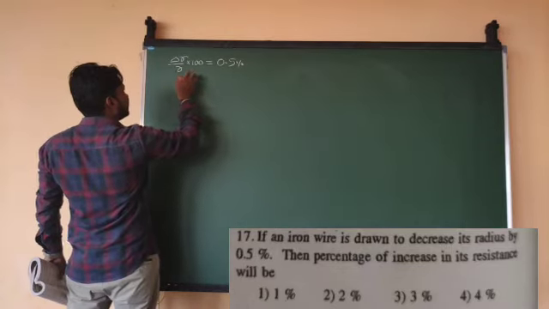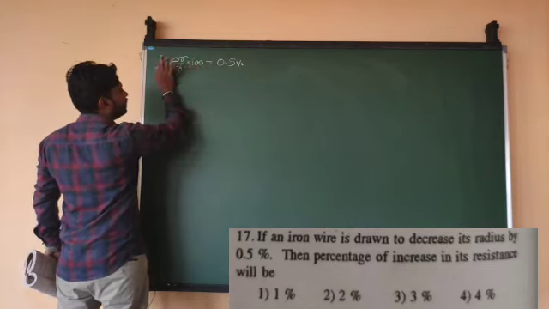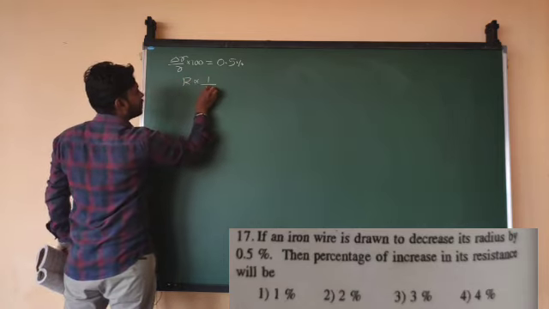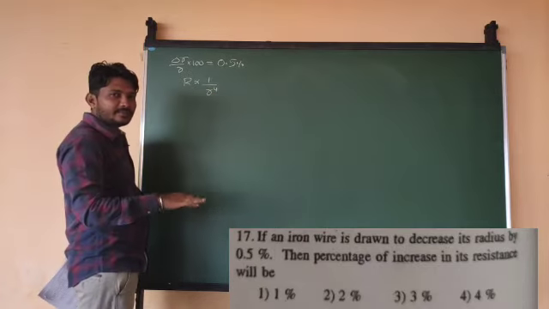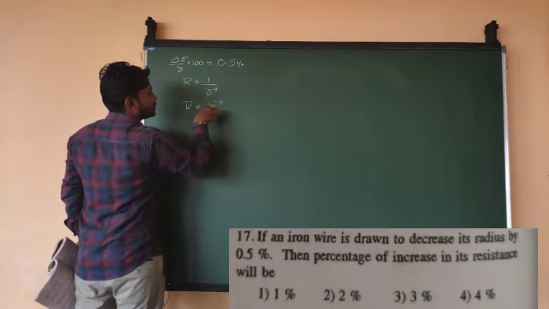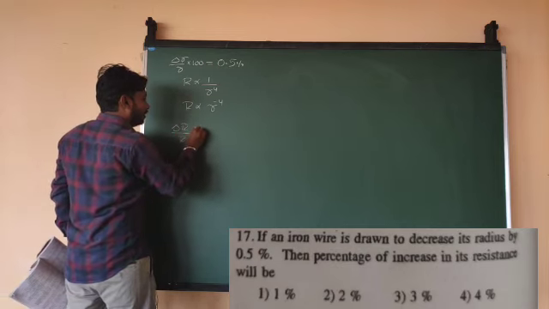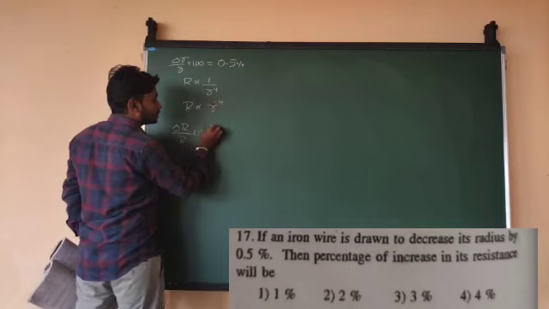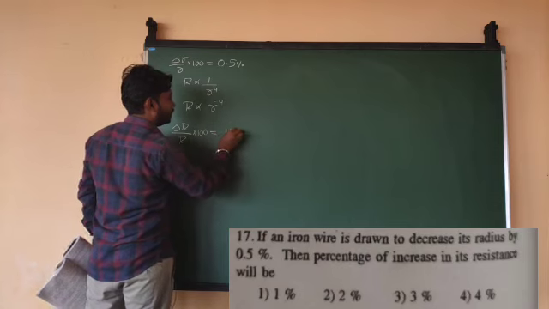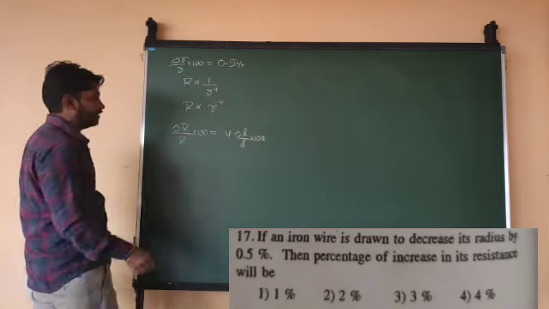So look at here, as the radius is decreased, the resistance value should increase here. So what is the connecting formula here? Resistance is inversely proportional to the 4th power of its radius, or if you take it into the denominator, minus of 4 here. So delta R by R into 100 is equal to what? Minus 4 is there, so just to omit that negative, 4 into delta r by r into 100 here.